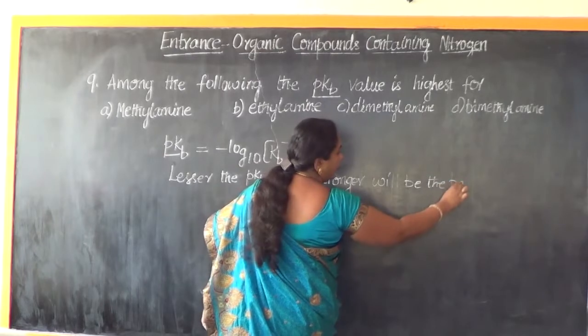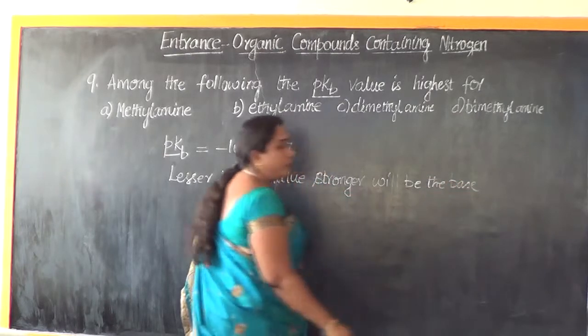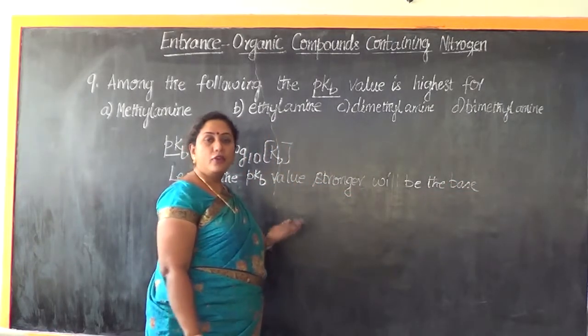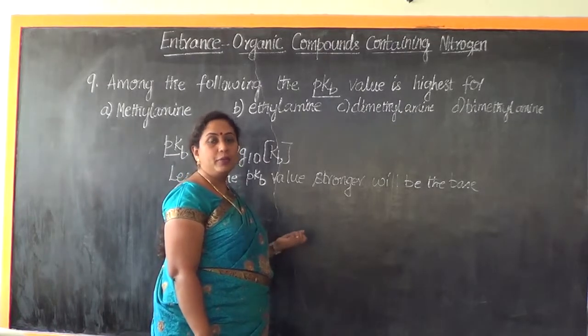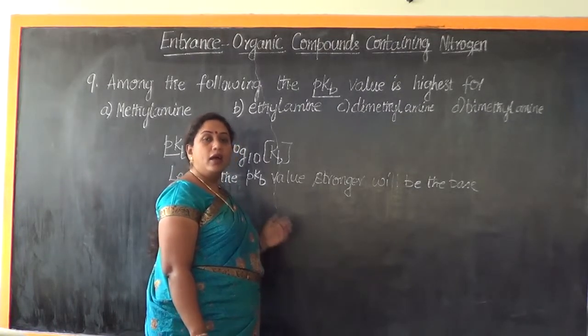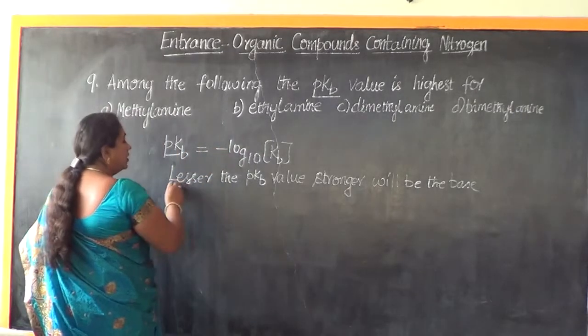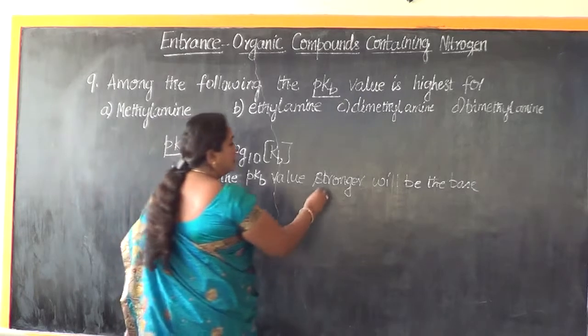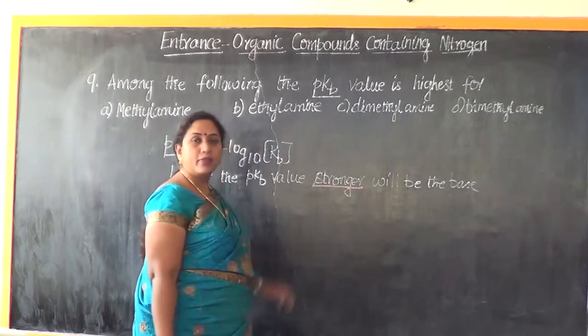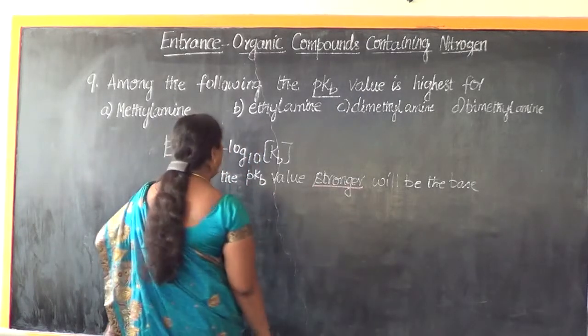So this is an important point to register, children. Like how we measure acidity of carboxylic acid, likewise we measure the basicity of the amines. So if the pKb value is lower, then the strength of the base will be more. It will be a stronger base.